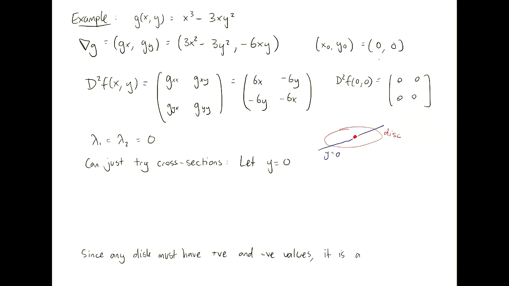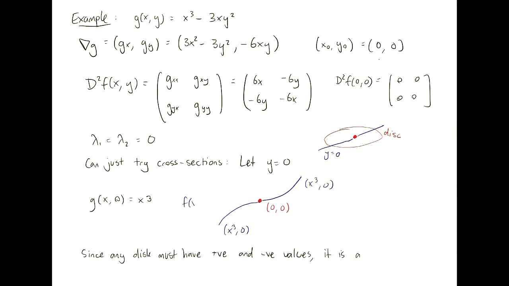So if I let y equals 0, I get g of x, 0 is x cubed. So along that line, here is my point 0, 0. In the negative direction, I get x cubed less than 0. And in the positive direction, I get x cubed greater than 0.